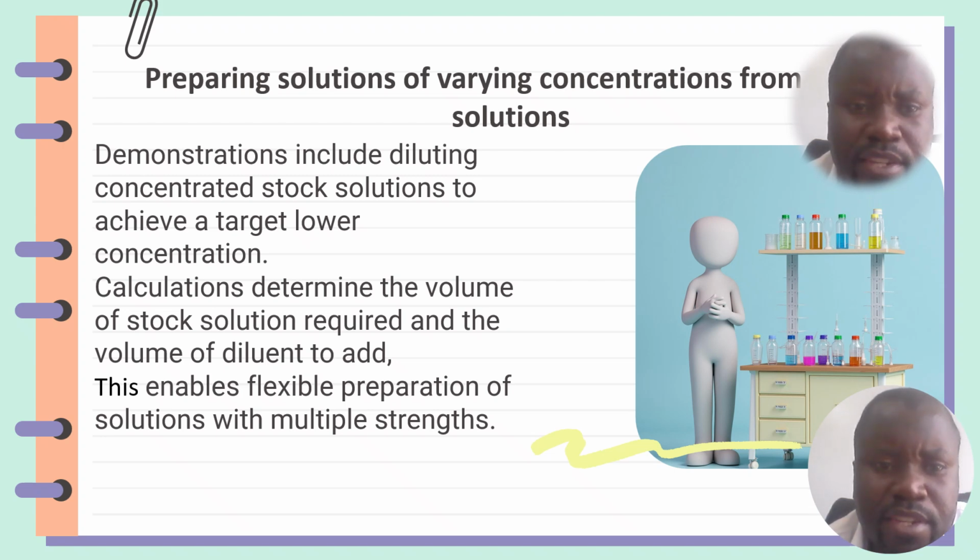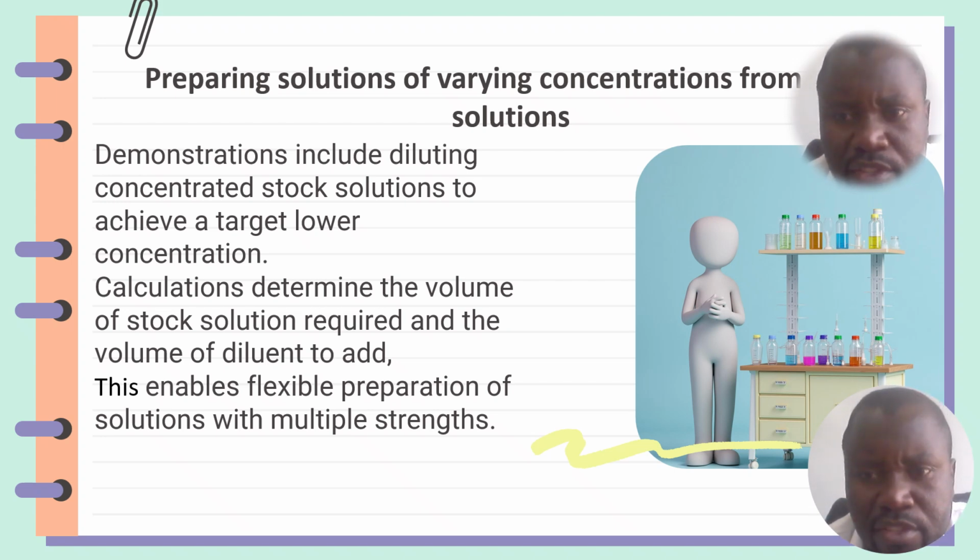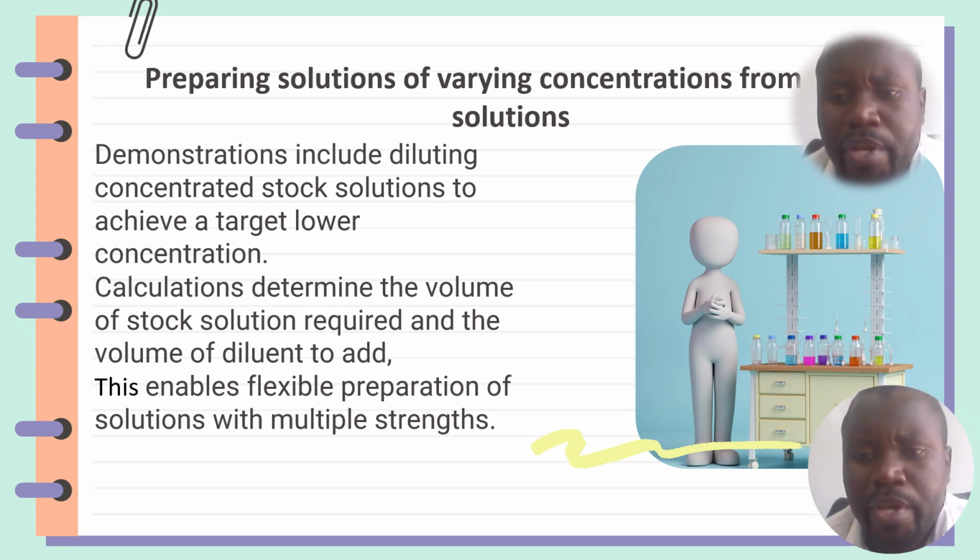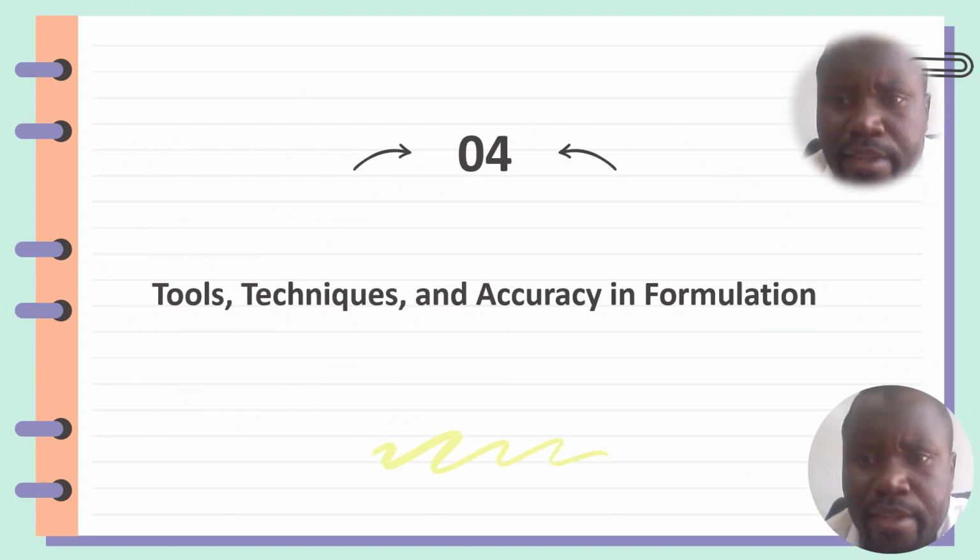You calculate to determine the volume of stock solution required and the volume of the diluent to add. So there are some calculations there, and a dilution equation is needed, but we can also just do a stepwise approach to this. This will enable flexible preparations of different strengths of a particular solution, depending on what is needed by the patient.